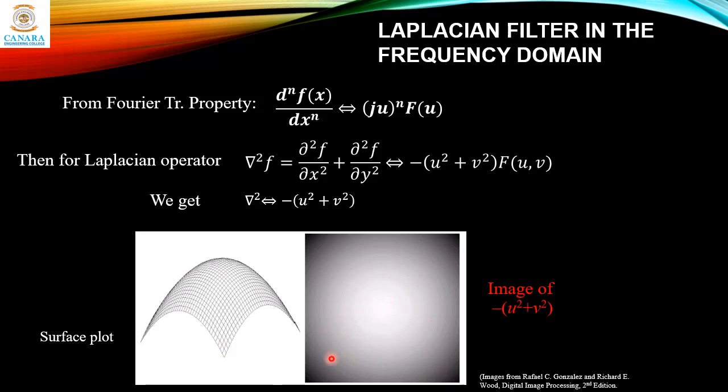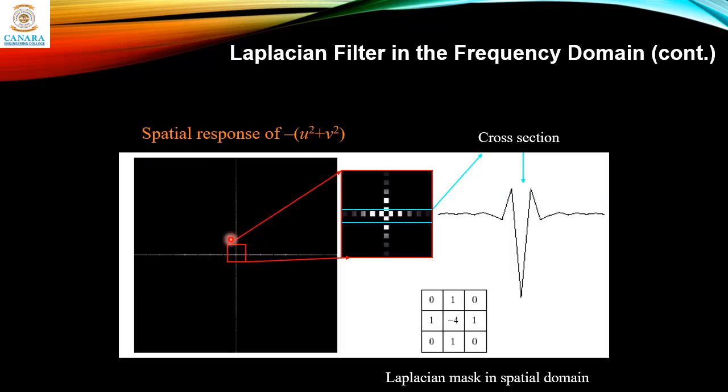If you convert it into the spatial domain and plot it, it will look like this. This is the spatial response of minus (u squared plus v squared). If you zoom into this particular square, you have black and white squares, and the intensity of the white part slowly decreases.